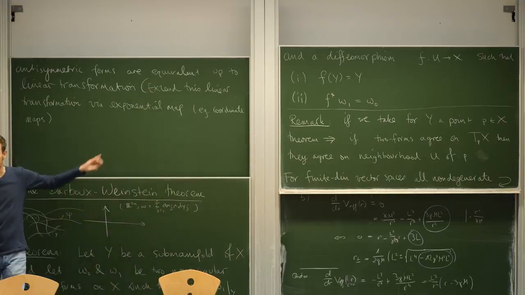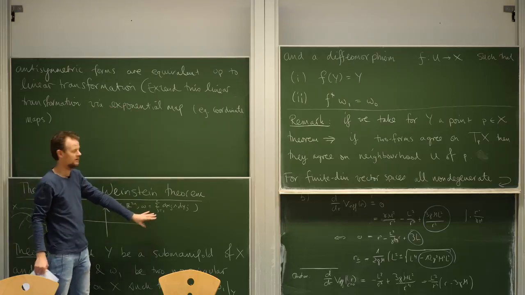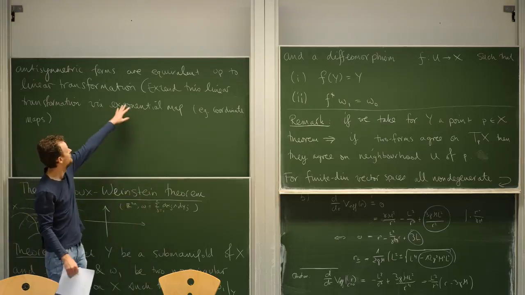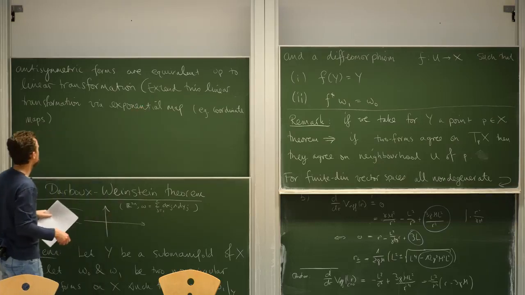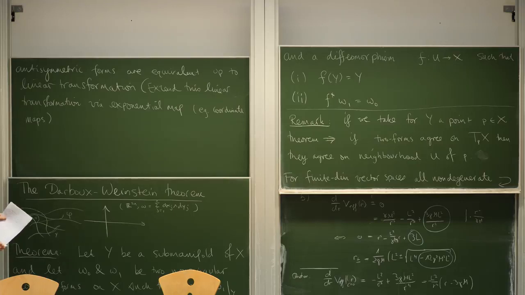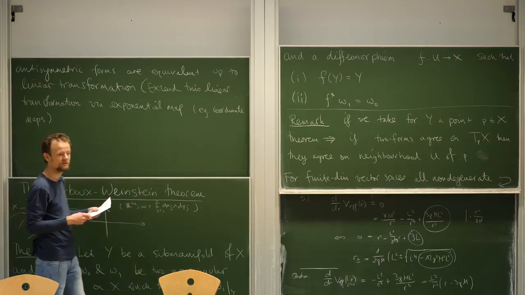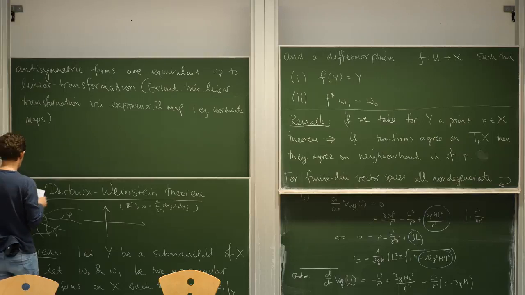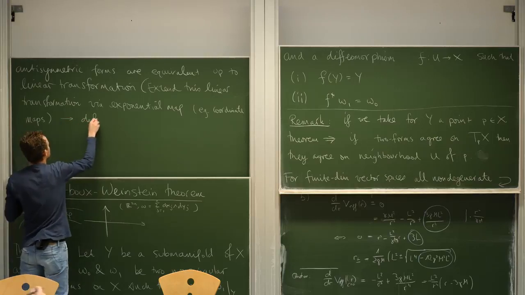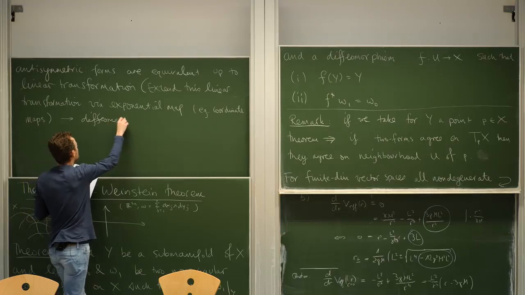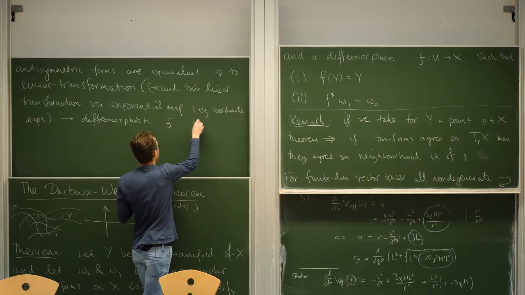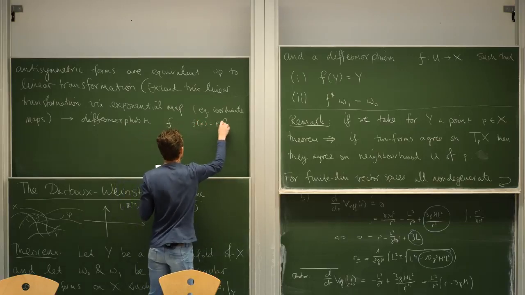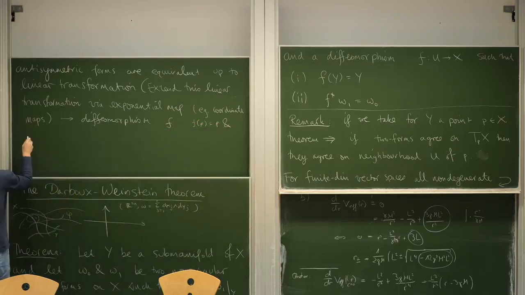So we're not actually going to directly follow this strategy in proving the Darboux-Weinstein theorem, but it's worth commenting that here's how you could convince yourself that it's at least true at the level of a point. Just extend this linear transformation by the exponential map, for example, in the coordinate functions, and then that should give you a diffeomorphism f such that f of p is p and f star omega 1 is omega naught.